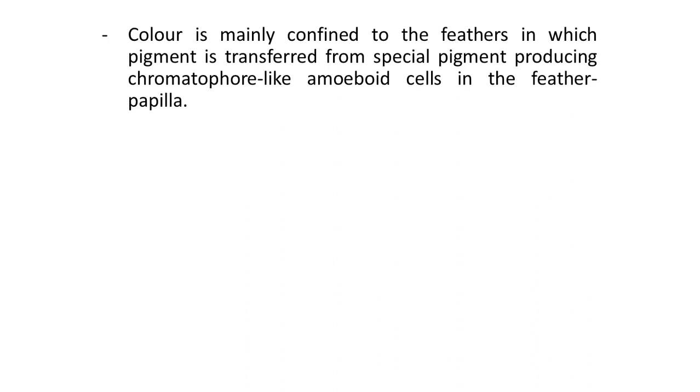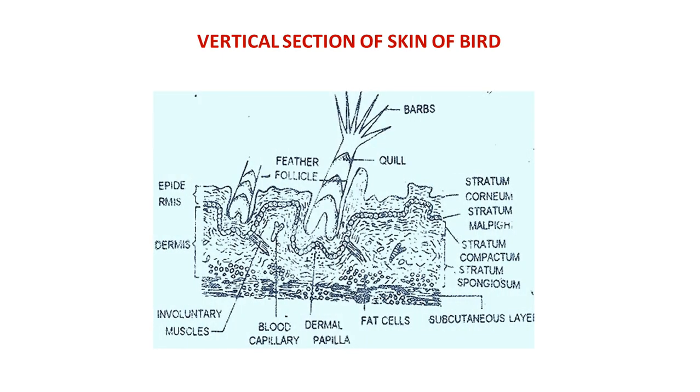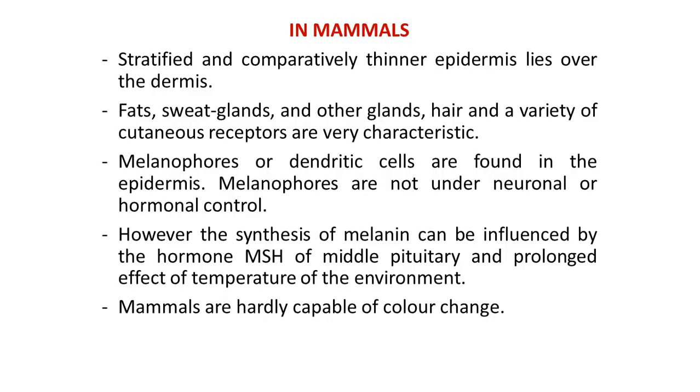Due to that, there are a number of birds having beautiful colors. This is the vertical section of the skin of birds, in which the epidermis and dermis are clearly shown with the growth of derivatives like feathers.